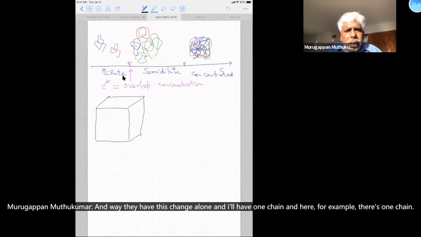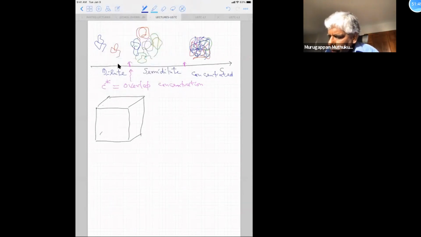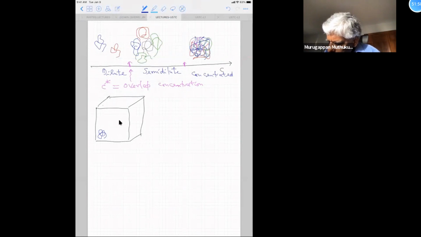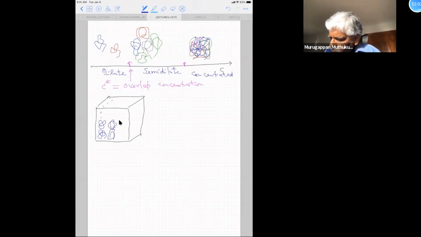And while I have these chains alone, I'll have one chain in here, say for example, that's one chain. And another chain is somewhere here. And when I keep on adding them, there will be a situation where I have something like this, and go on and on like that.